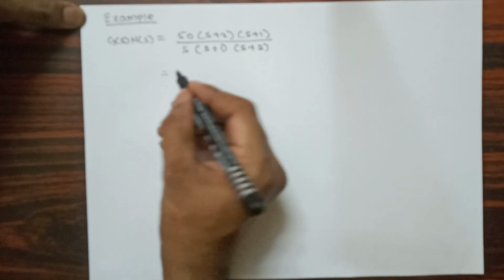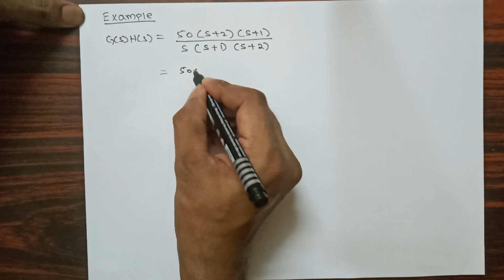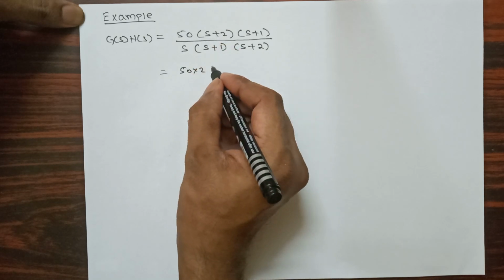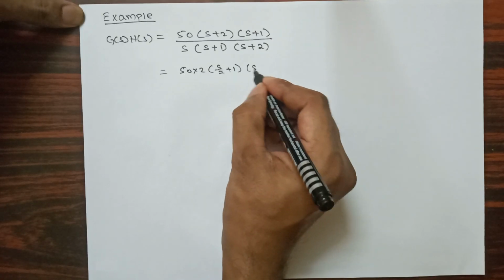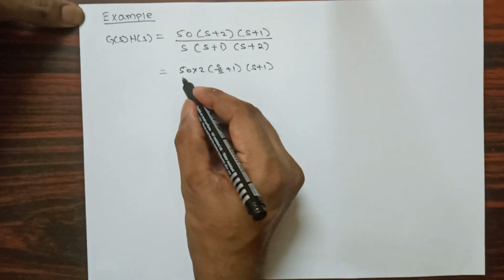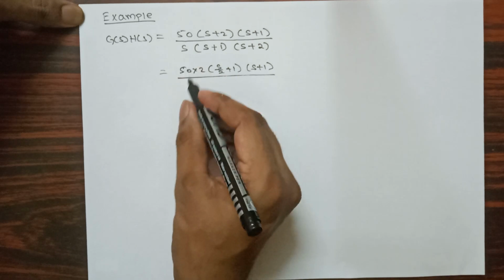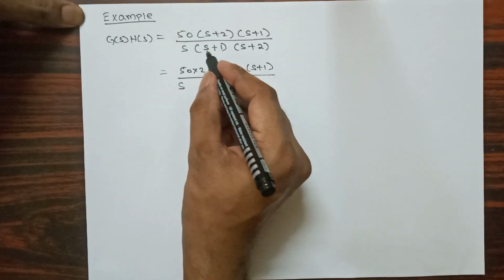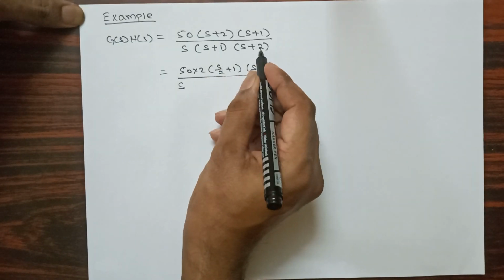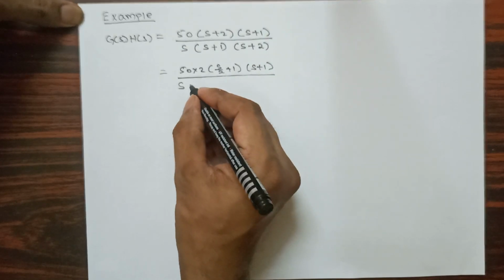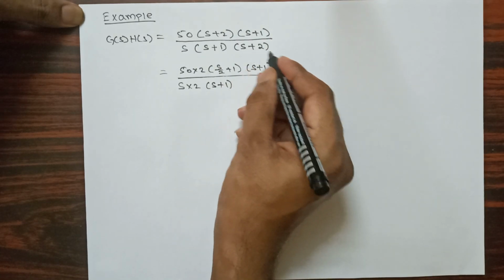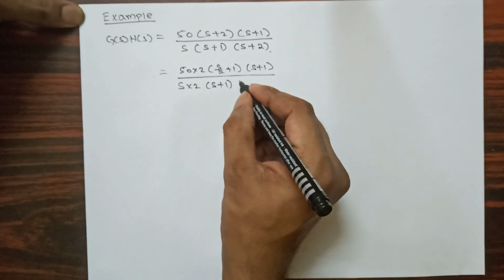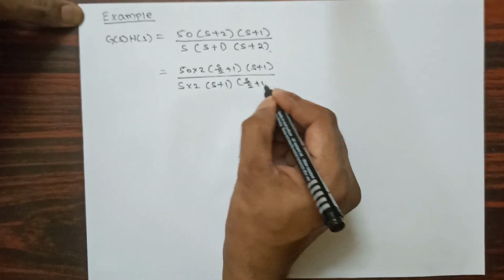I will be getting here 50 into 2, this 2 I am taking out, then s by 2 plus 1, and this term will remain as it is, s plus 1, divided by s, which will remain as it is, and s plus 1 remains as it is. In this I am going to take 2 out, so I will be getting s by 2 plus 1.